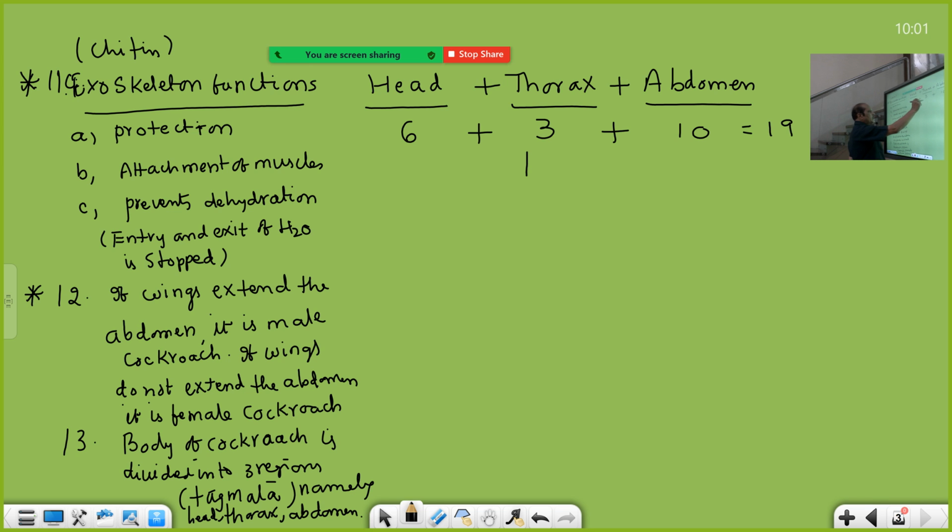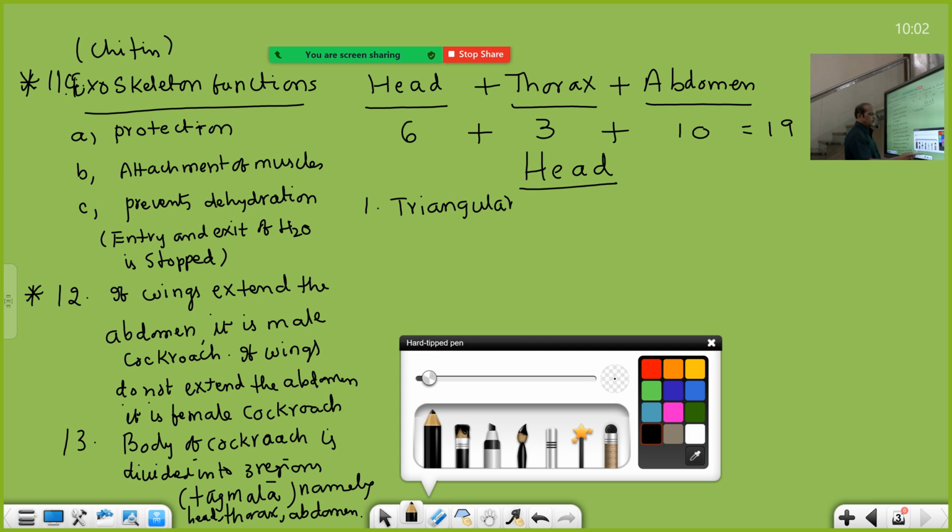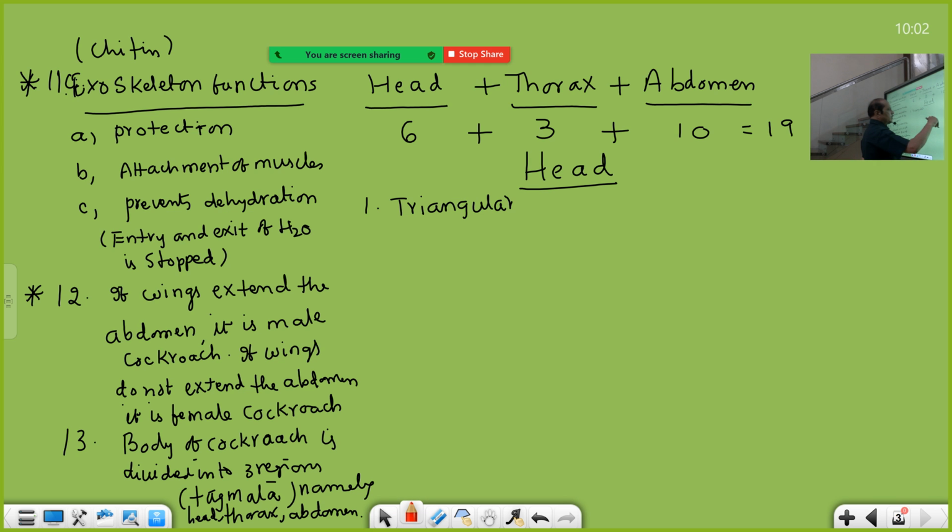Now let us keep the heading head region. Head is triangular in cockroach. So let us take the diagram of the head also. This is the triangular head.